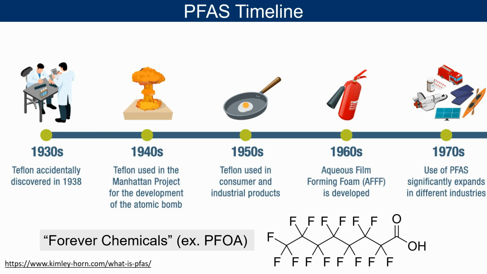In the 1960s, about 10 years later, they started being used in firefighting foams. They worked extremely well in extinguishing fires and still are one of the most used firefighting foams, with very high concentrations of PFAS, as with the pans. And then in the 1970s and onwards, there was a significant expansion of the use of PFAS in industry.